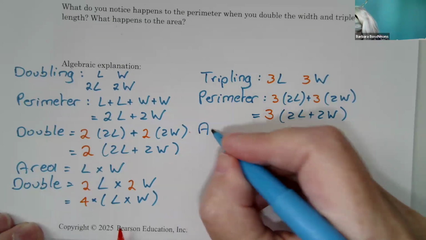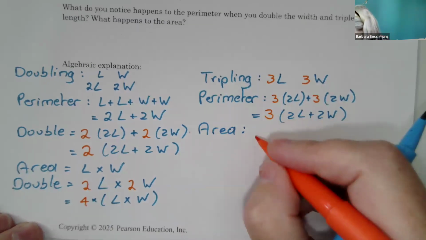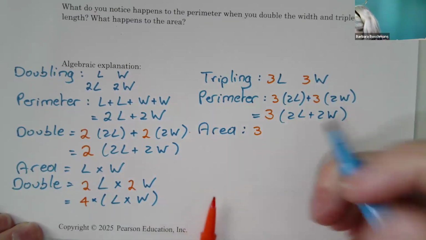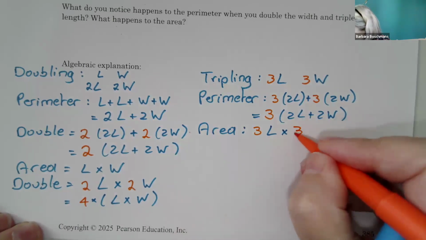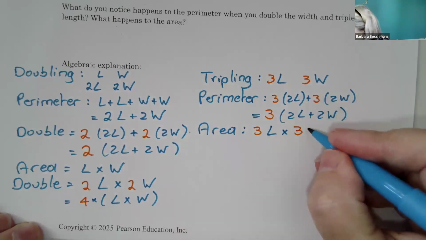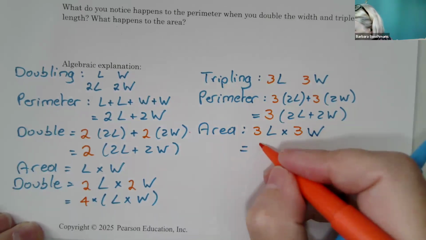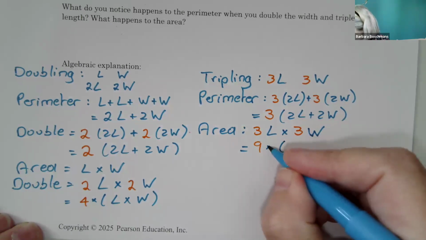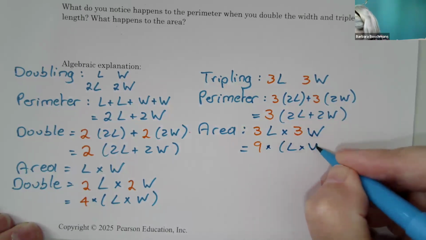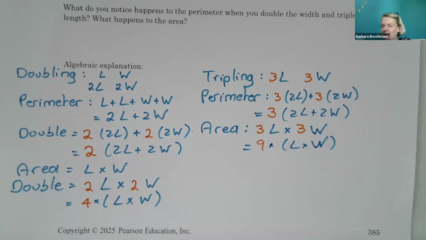If we do area, 3L times 3W equals 9LW. So hopefully you saw that the area is now 9 times.